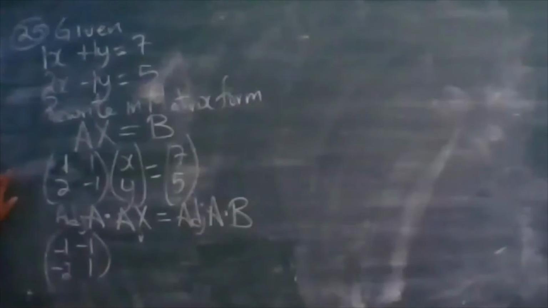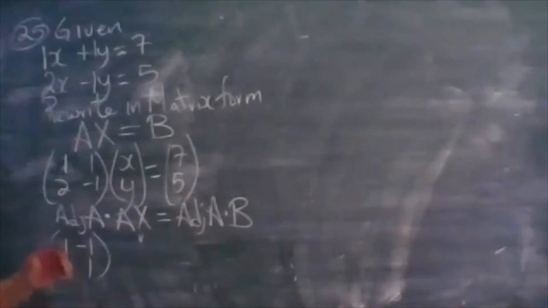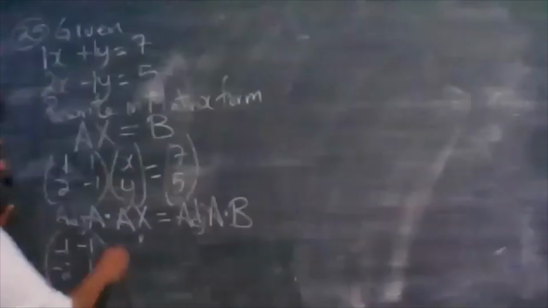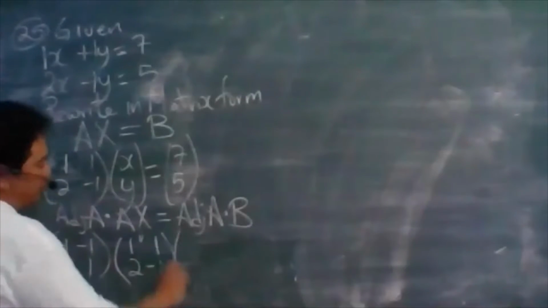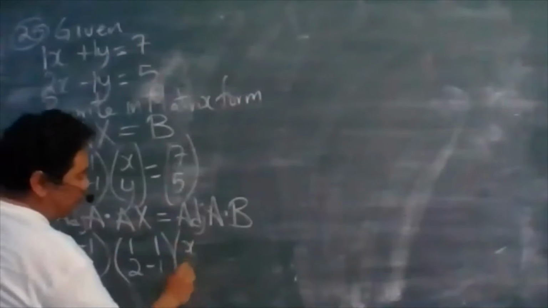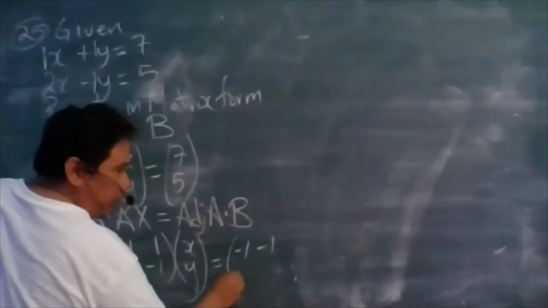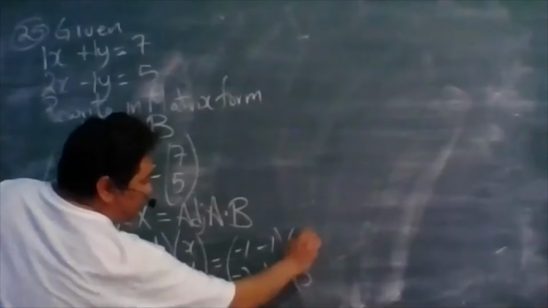So since it is positive, we make it negative. So the adjoint for this A, which is 1, 1, 2, negative 1, is negative 1, negative 1, negative 2, 1. And that times 1, 1, 2, negative 1 times x, y equals negative 1, negative 1, negative 2, 1 times the result, which was 7, 5.